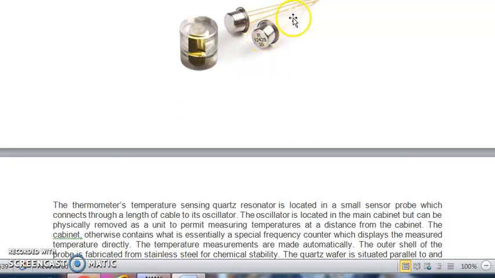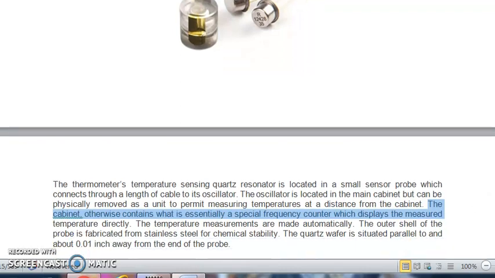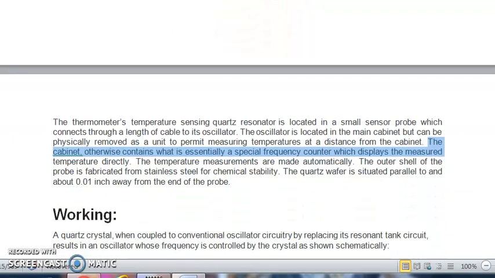Via these terminals, it is connected with the circuit, but this portion, which is the sensing portion, can be outside the cabinet. Okay. Now, the cabinet otherwise contains what is essentially a special frequency counter. Now, what is a frequency counter? It is a digital circuit.